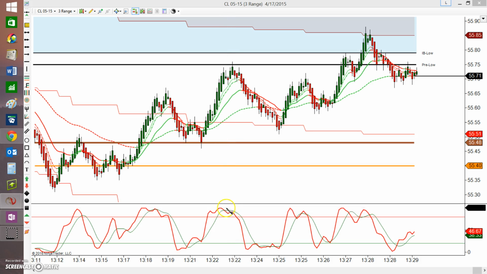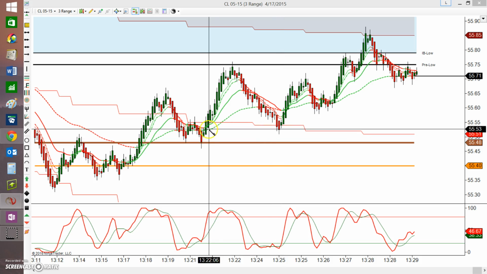I've got a lower low on the momentum, but I've got a higher high on price. Am I going to follow price? No, absolutely not. I'm going to follow momentum. And sure enough, it flushes back down. So this is a great way to trade.